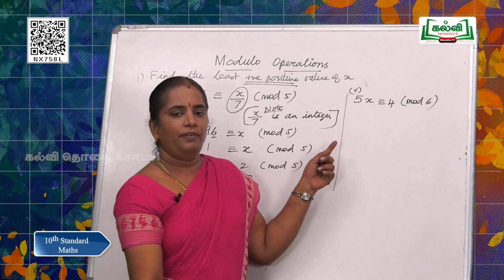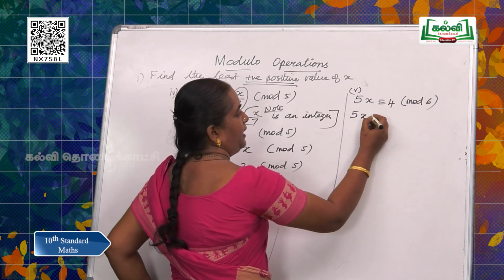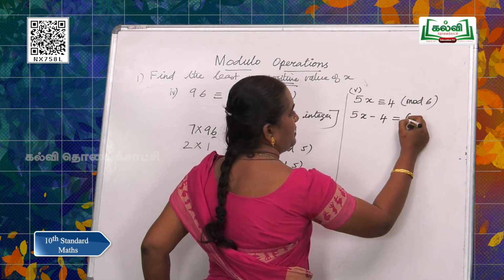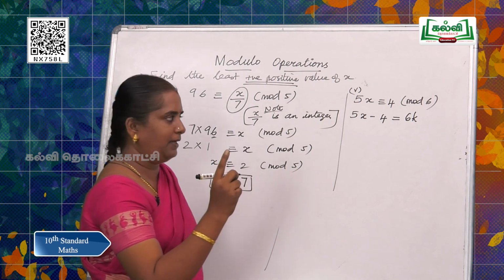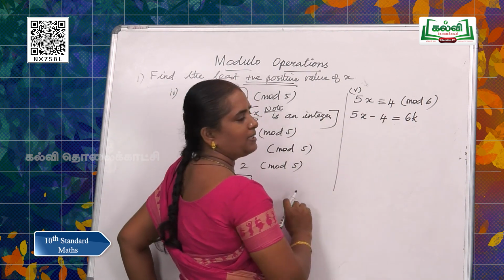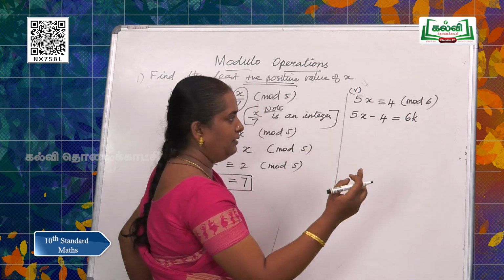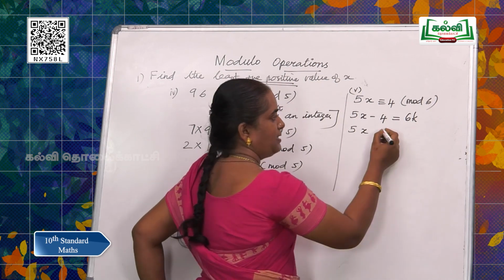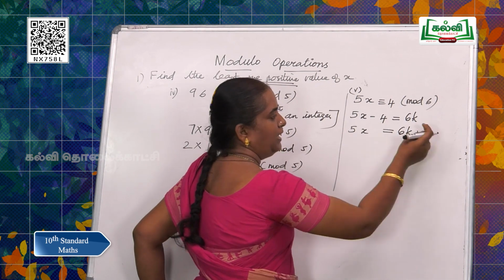Okay, see, 5x is congruent to 4 means 5x minus 4 is a multiple of 6, that is, an integer multiple, so 6k. 5x minus 4 is 6k. As we have changed the modulo into an equal to sign, we can proceed as a linear equation. 5x is equal to 6k plus 4, that is, adding 4 to both sides.